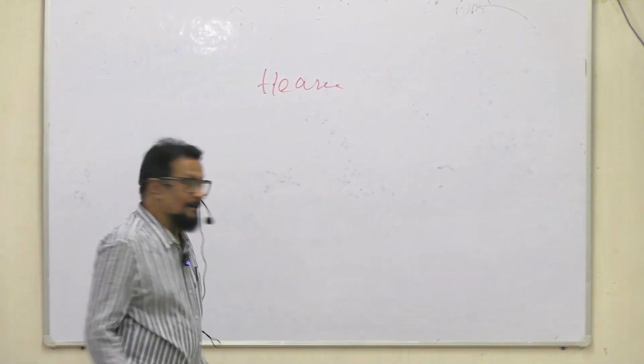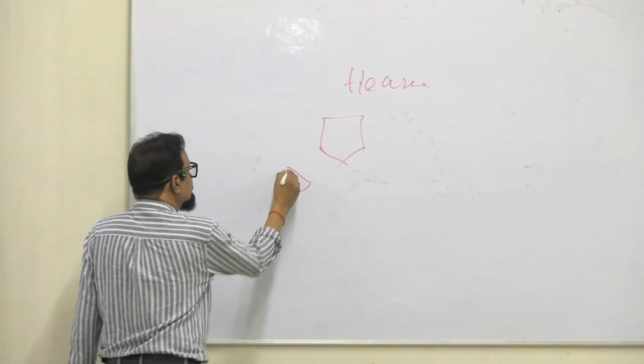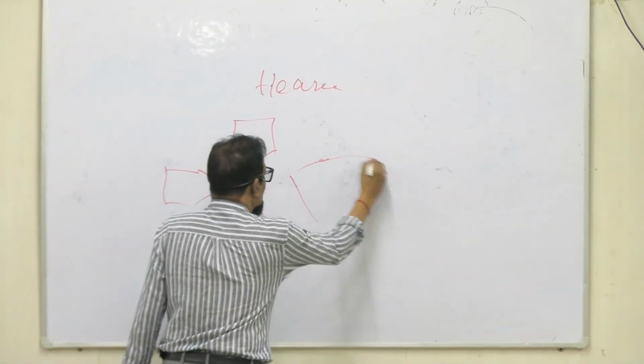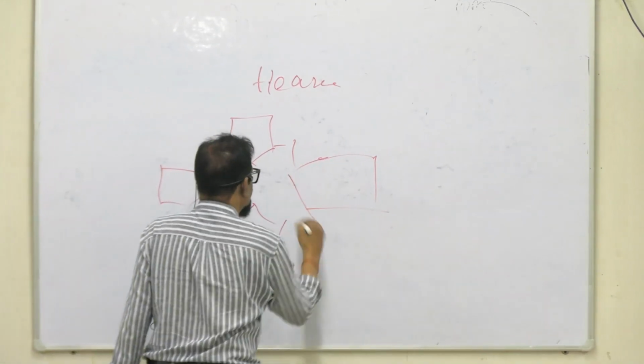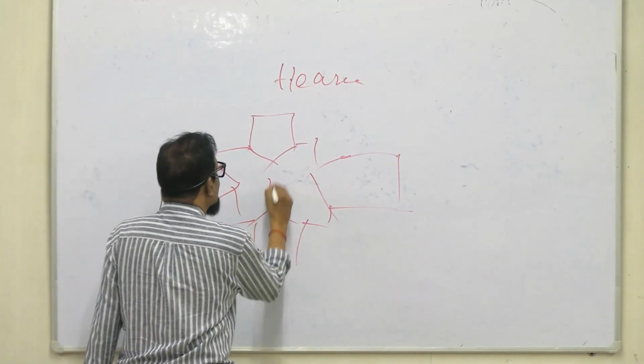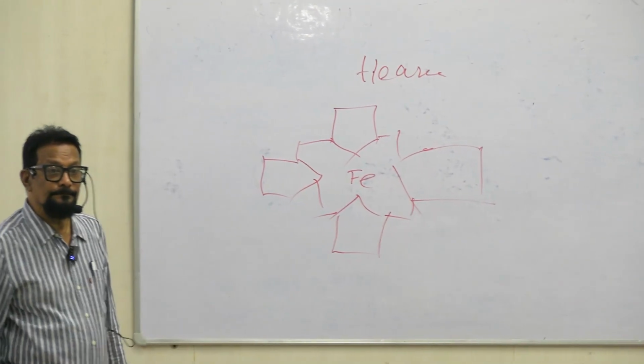Heme has 4 pyrrole rings attached by methane bridges, and here is the iron. So this is the heme.